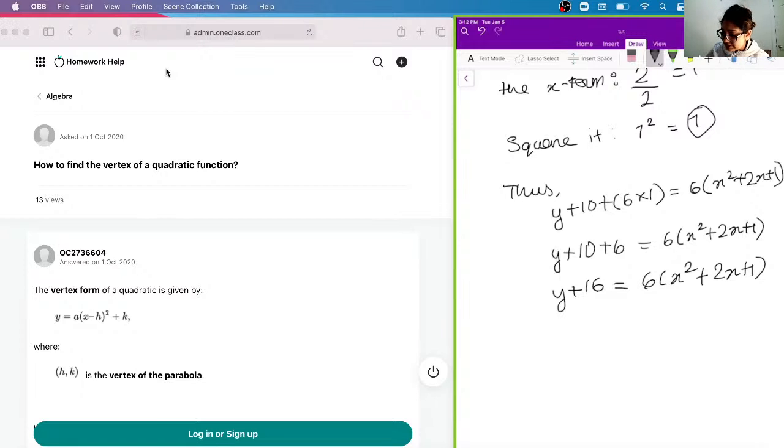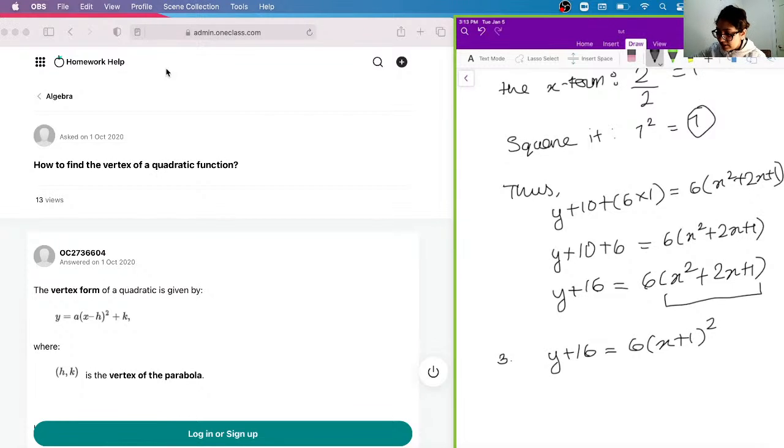Okay, so this was all step 2. Now step 3 would be to convert it into a squared expression. And to do that, we would just have to square this whole term. And as you guys could see, this is a perfect square. And so we would have y plus 16 is equal to 6 times x plus 1 squared.